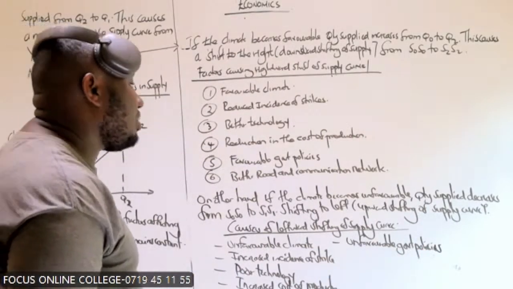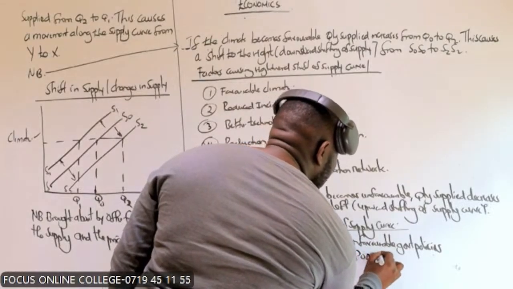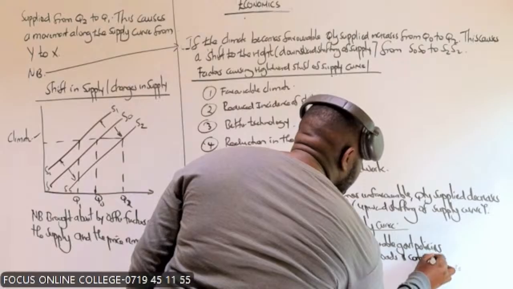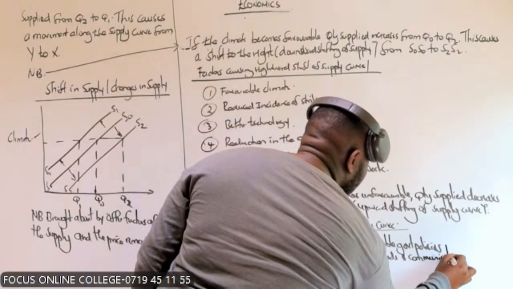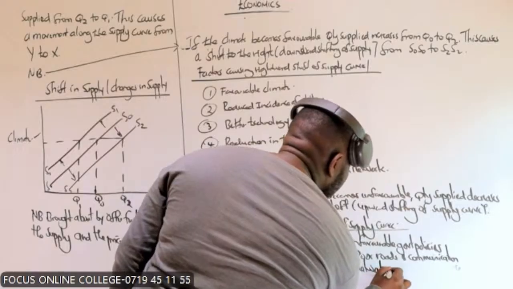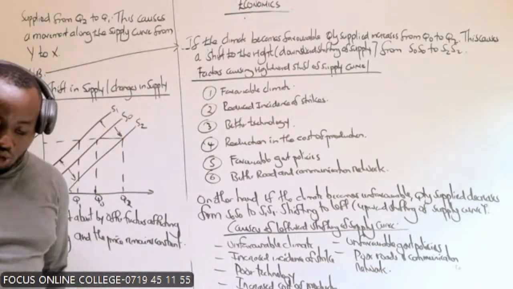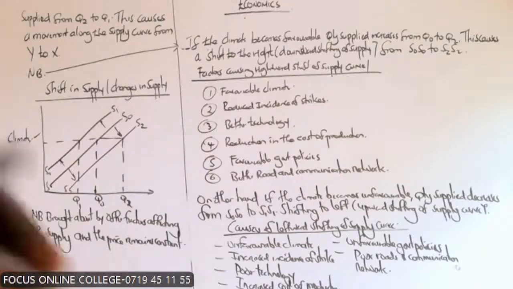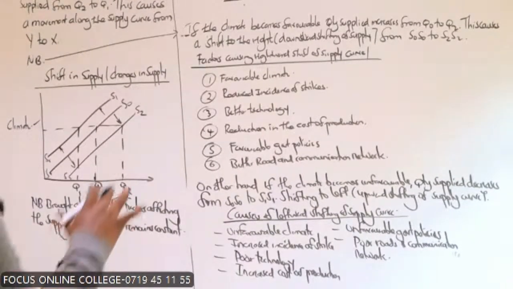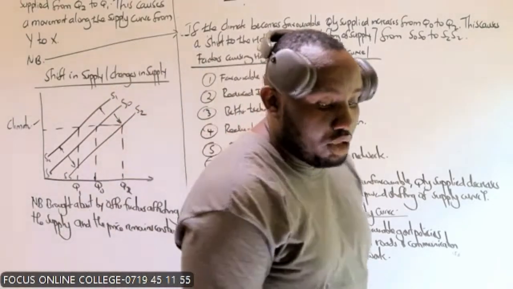And at the end of the day, it's poor road and communication network. Together, team. Poor road and communication network. Those are what cause the left shift in the supply curve.